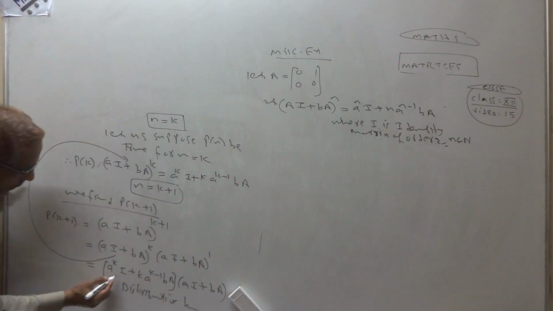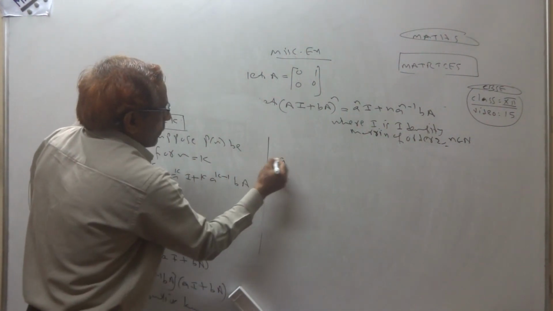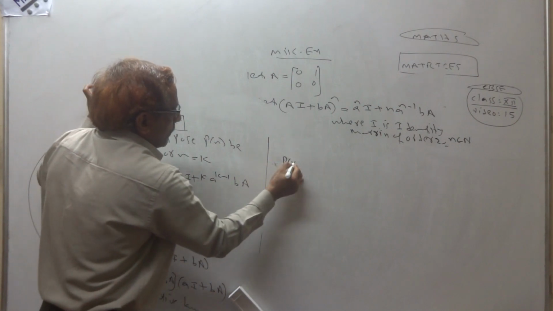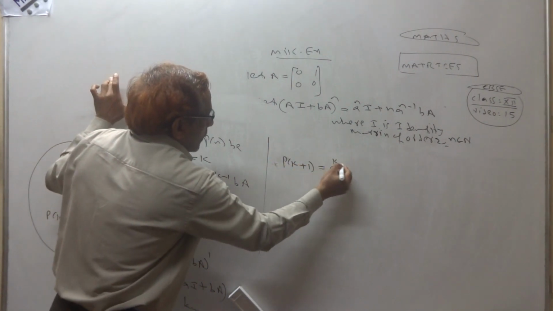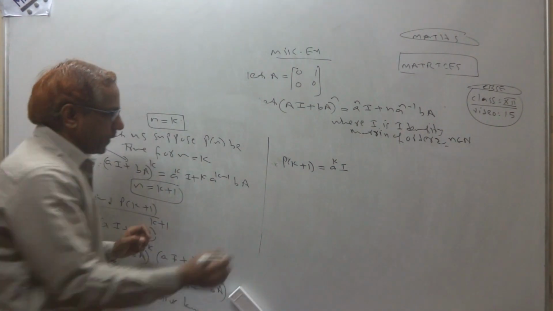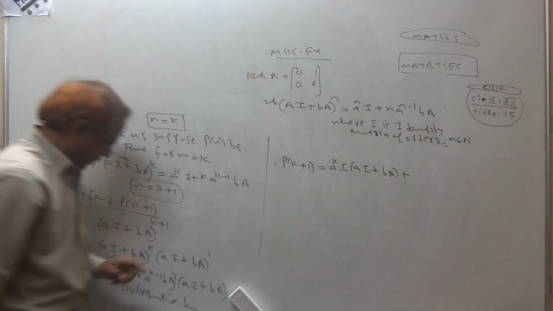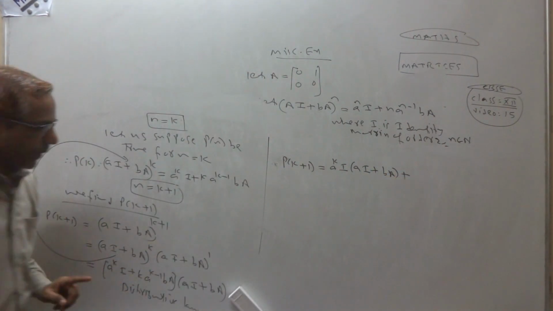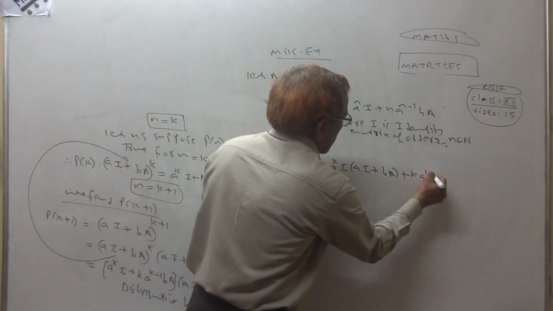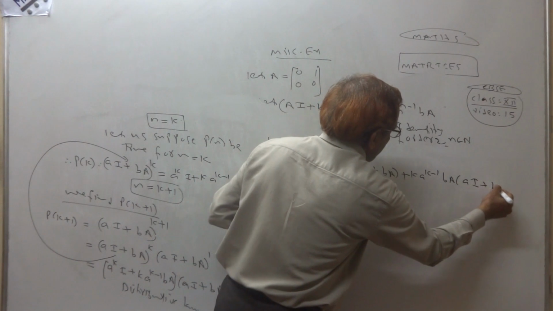So A^k I into (A I + B A), plus k A^(k-1) B A into (A I + B A).